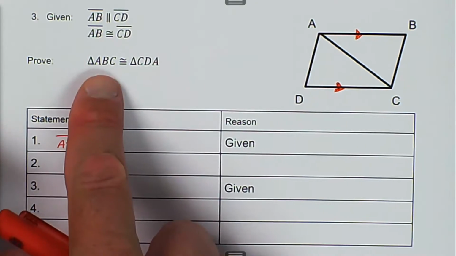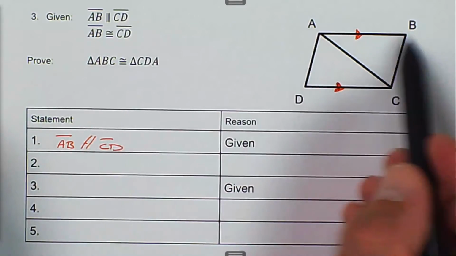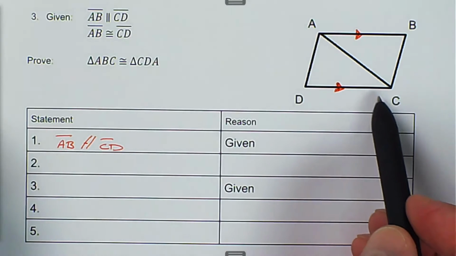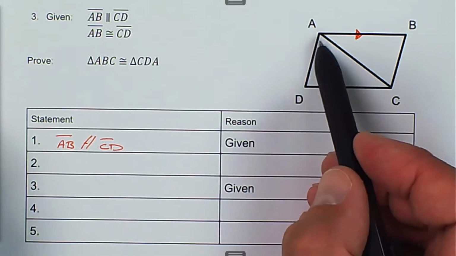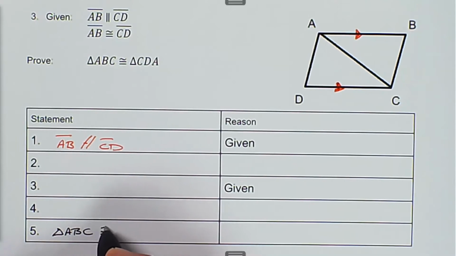Now the other thing to notice here is we're trying to prove that triangle ABC is congruent to CDA. So I can write this down here in the last line. Triangle ABC is congruent to triangle CDA.